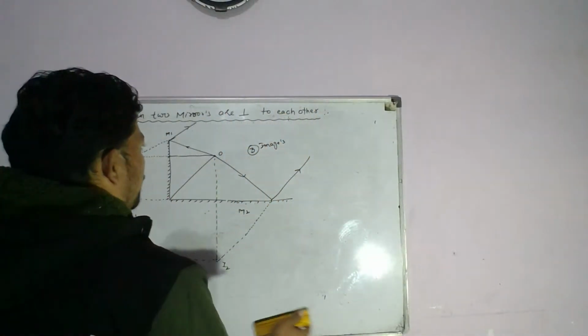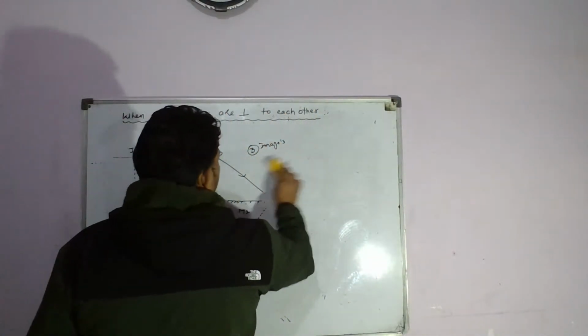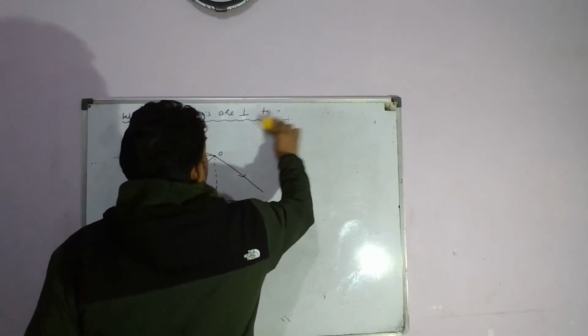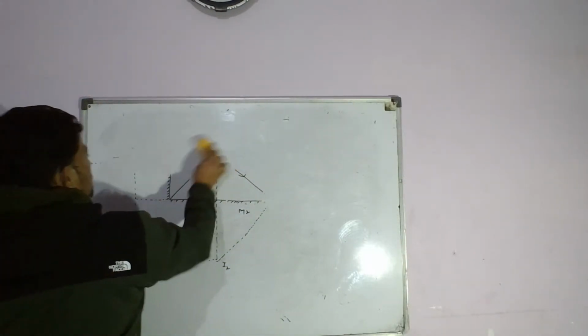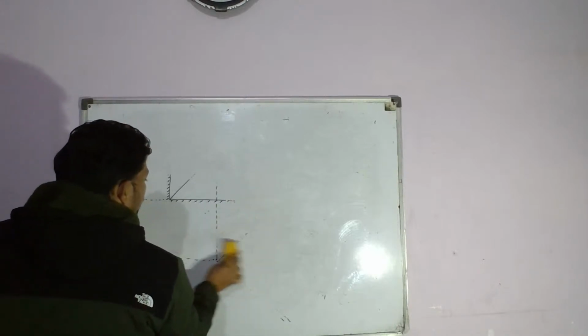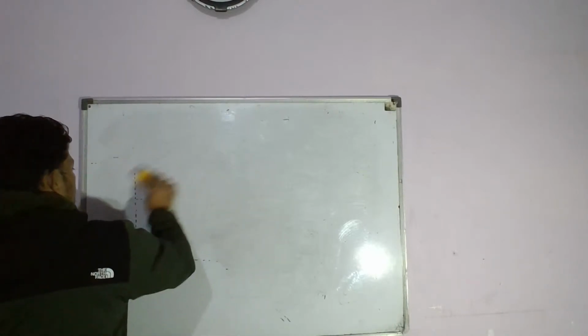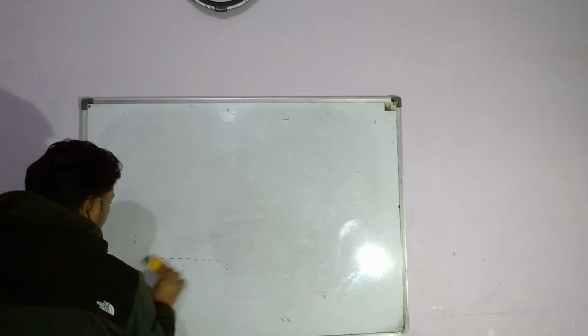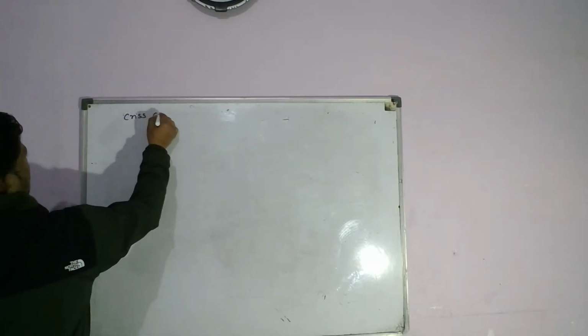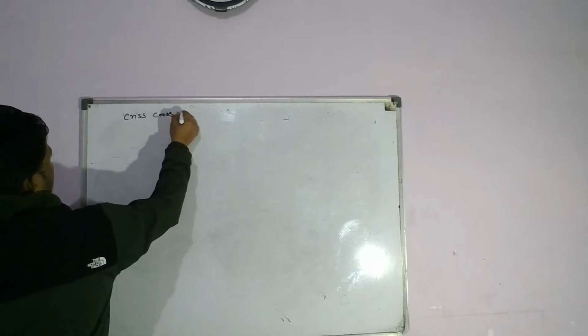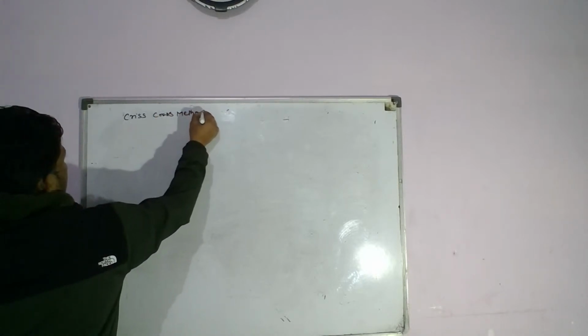But my main point is your shortcut method to find the number of images in between the two plane mirrors. There is one method, and the name of the method is the crisscross method. Very important and very interesting method.